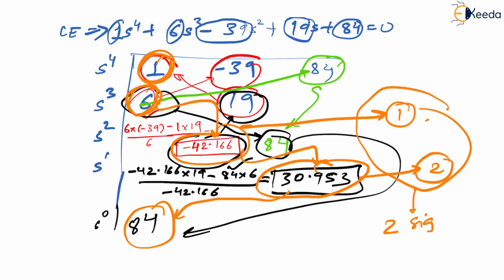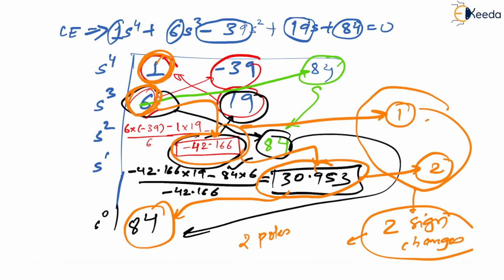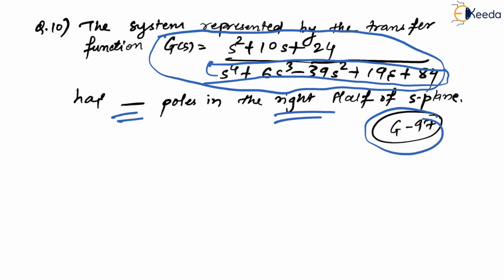So in all, there are how many sign changes? There are two sign changes. Is that correct? Two sign changes. What does that mean? Two sign changes in the sense there are two poles on the right half of S plane. Correct? Which means here it has two poles. Answer is 2 in the right half of S plane. Right? Thank you.